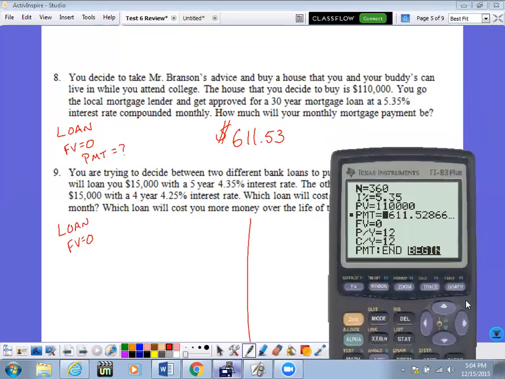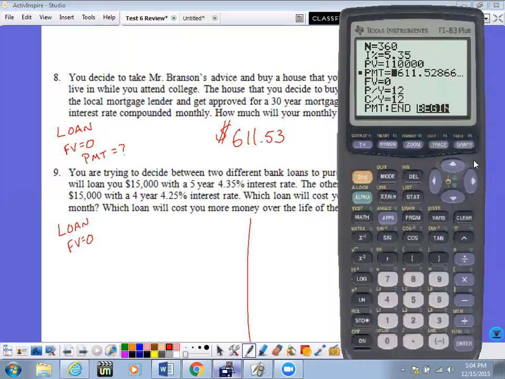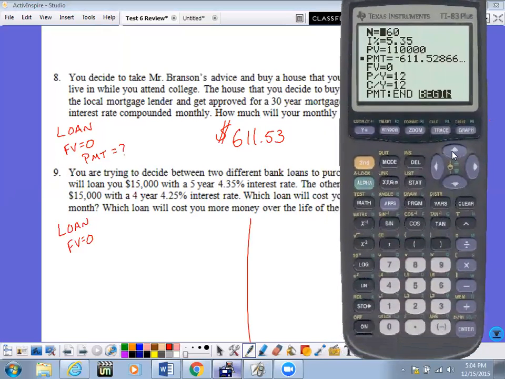So the first one, we have a 5-year loan with monthly payments. So 5 times 12. The first one has an interest rate of 4.35%. And my present value is the $15,000. That's how much we're borrowing. We're looking for a monthly payment. My future value is 0.